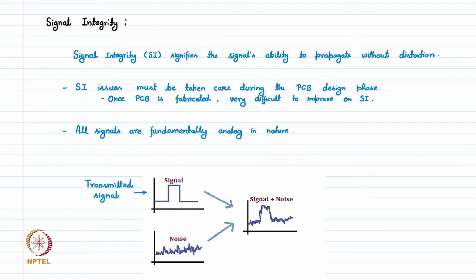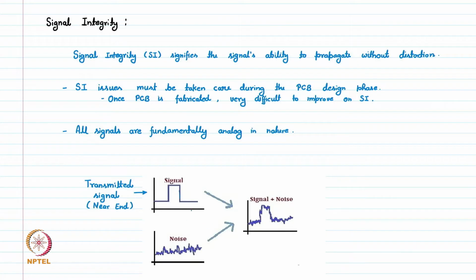This is the transmitted signal, or sometimes we call it the near end signal. We can see this is a kind of perfect pulse signal which we are sending.